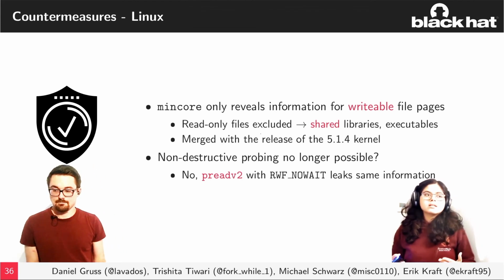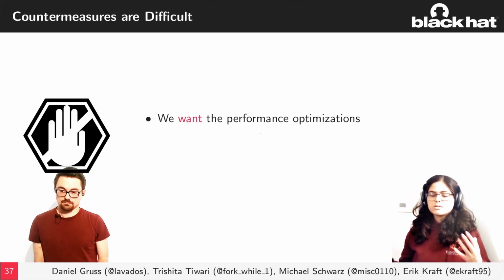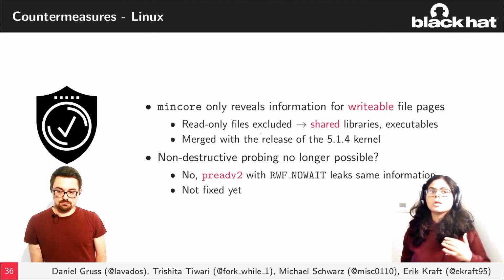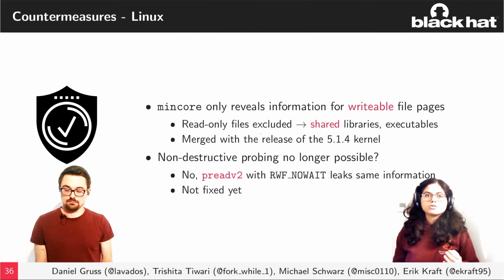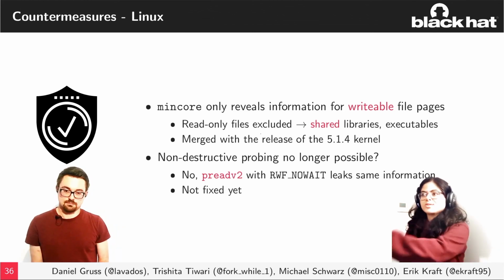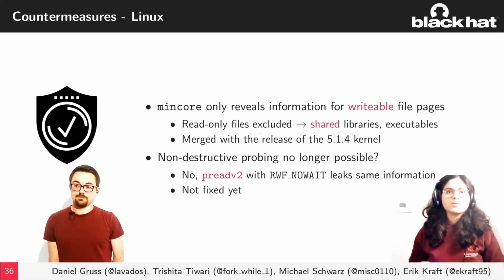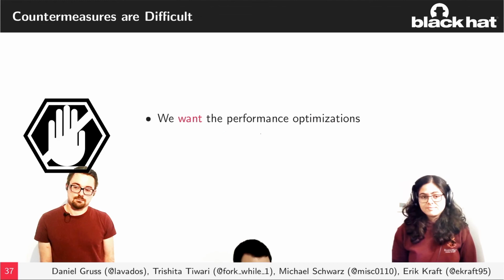And this shows how hard it is to fix an issue like this, because there are a lot of different ways that you can get the same information out as an attacker. So it's like whack-a-mole. You fix one thing, and then there's this other thing that you also need to fix. So it's not easy to fix a vulnerability like this.